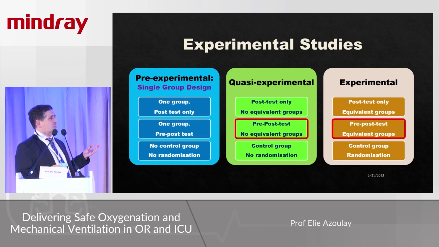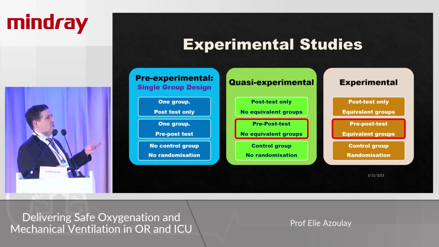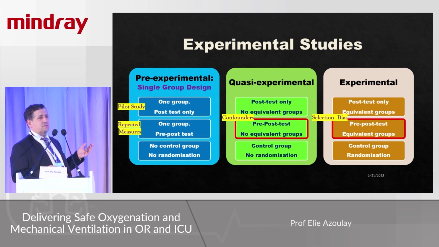In quasi-experimental studies, we can either have post-test only with no equivalent groups, or pre-post test with no equivalent group, which is, let's say, a non-controlled pre-post study. And you have the experimental with equivalent groups with post-test only, pre-post test with equivalent groups, which involve a control group and a randomization. And of course, we consider that there are different indications for the different experiments.